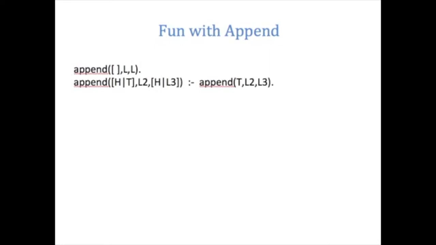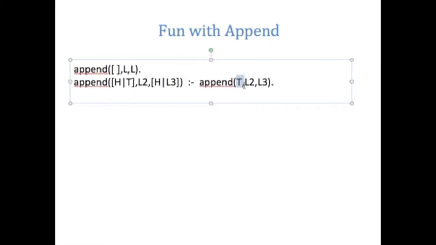Now, the head of the resulting list, the one that appends the first two arguments, clearly has to be H. And the rest of that list, we'll call L3. What is L3 going to look like? Well, it's going to be all the elements in T, followed by all the elements in L2.